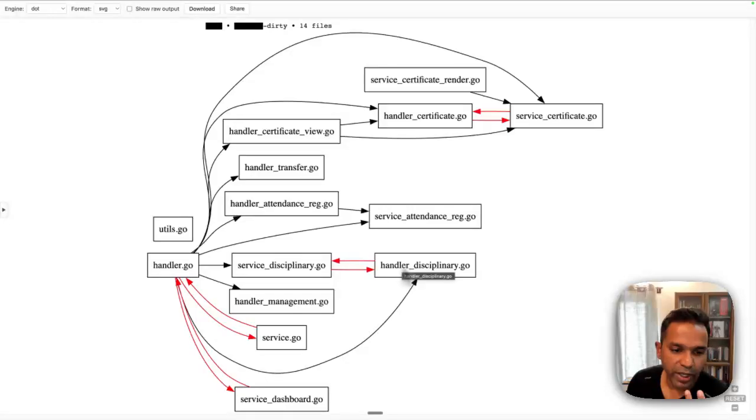And if you think it's not required, especially, let's say, if you think that the relationship between these two files is not warranted, you could go tell the LLM, hey, I want you to break this cyclic dependency. And you could also tell it to use Sanity to validate the changes.